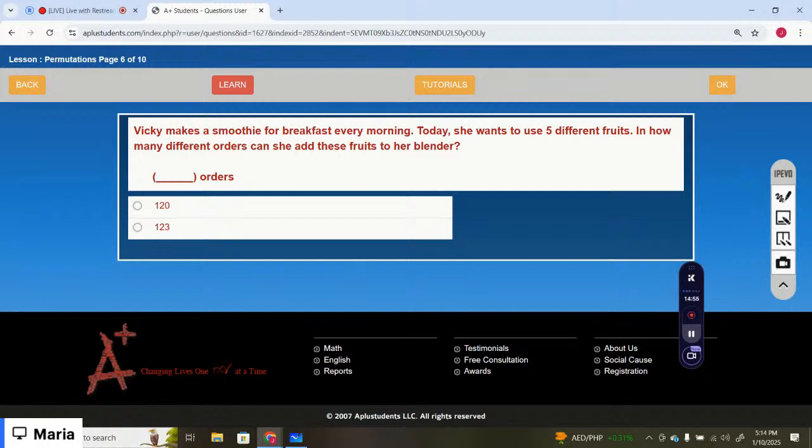You have to do 5 factorial, so that is 120. Option number 1 is the correct option. Okay, you can complete the lesson by yourself later today. Let me just move on to the next lesson.